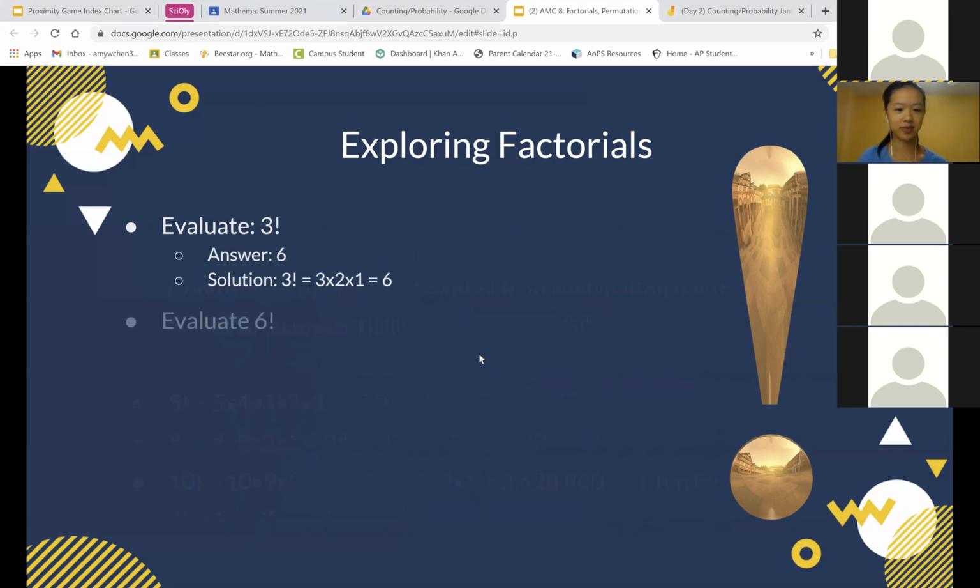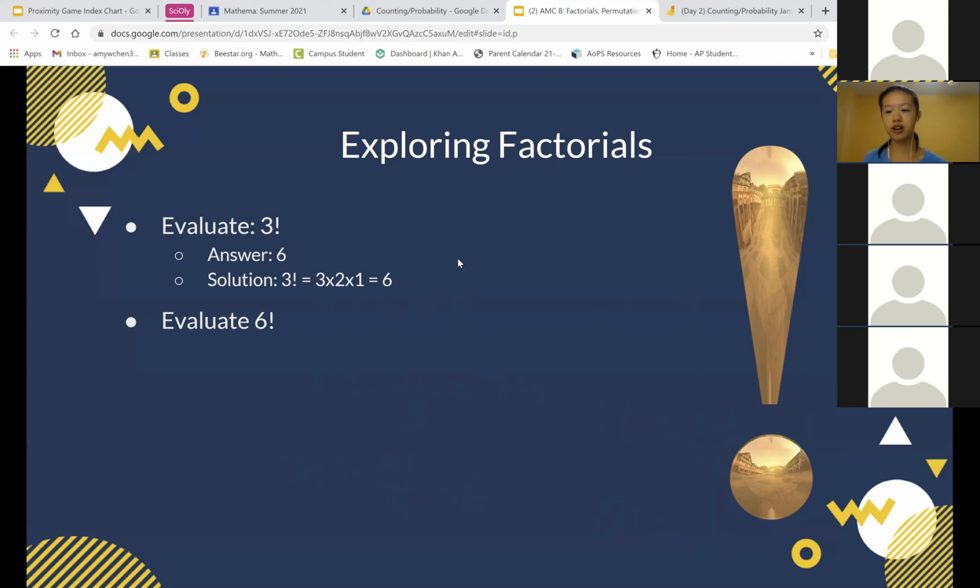Yeah, this is simple. How about 6 factorial? Yeah, the answer is 720. This is because it's 6 times 5 times 4 times 3 times 2 times 1, which is 720.